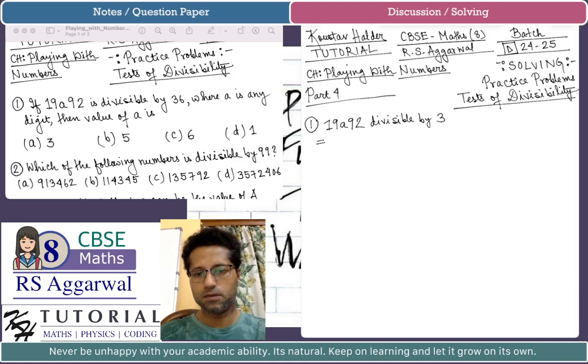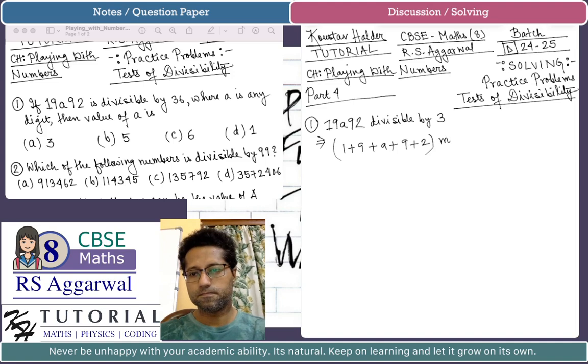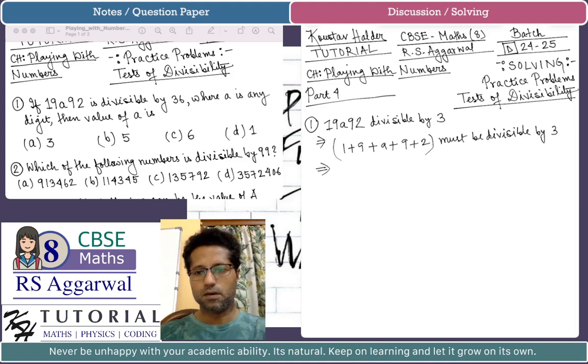So we must have 1 plus 9 plus A plus 9 plus 2 divisible by 3. 1 plus 9 plus 9 plus 2 is 21. So we must have 21 plus A divisible by 3.